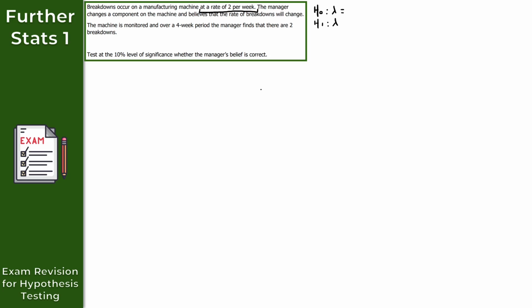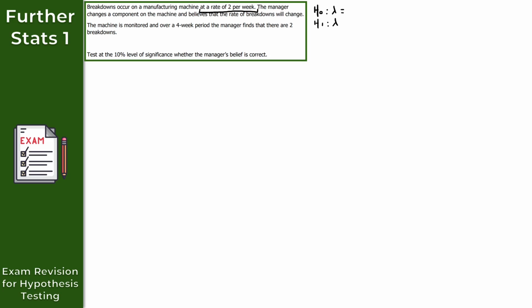Now we do need to be careful. Just read the question carefully here, because at first glance, you might think that the value for lambda is simply 2, because it says at a rate of 2 per week. But we do need to be careful because the evidence is that the machine is monitored, and over a 4-week period, the manager finds that there are 2 breakdowns.